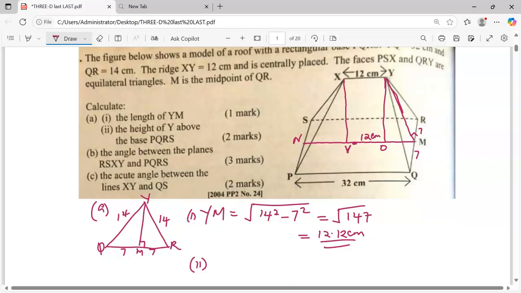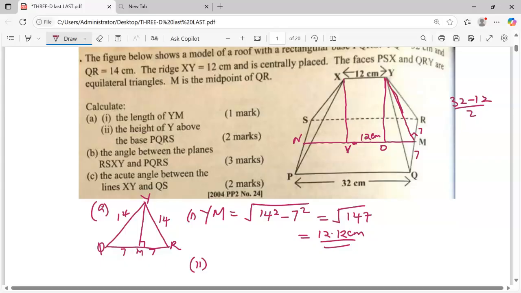Remember, from N to M is 32 centimeters. Already we have 12. We are going to take 32 minus 12, divide by 2. That is going to give us 32 minus 12, which gives us 20.